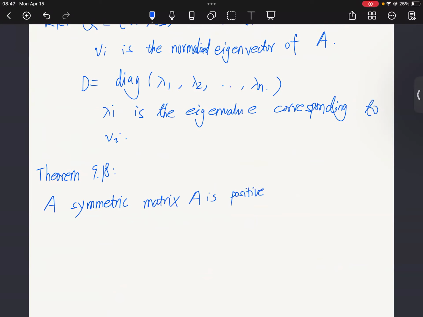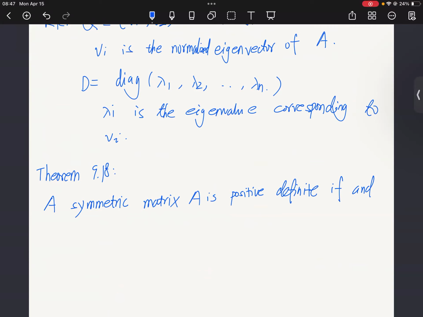Actually, we have already used this property in 104B to decide whether a matrix is positive definite or not.